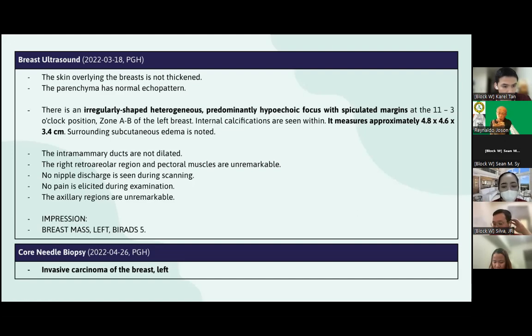I have 2 centimeters lang ito, 3 centimeters. Or sometimes you use your fingers, the weight of your fingers, ipasok ninyo dun sa weight of the breast mass, di ba? Itatansya ninyo, no?